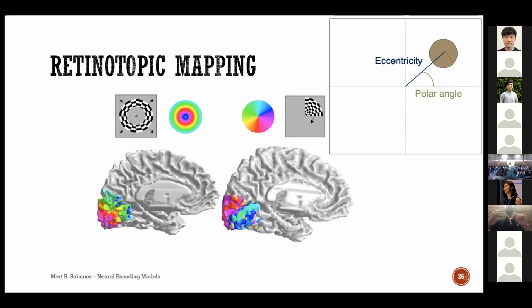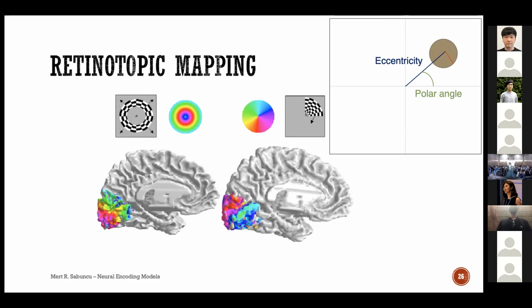Basically every little neuron in the early visual system corresponds to a particular location in your visual scene that you're attending to. And one way to characterize that is that for every neuron or every voxel, there's an eccentricity and a polar angle in the visual scene that you're looking at.